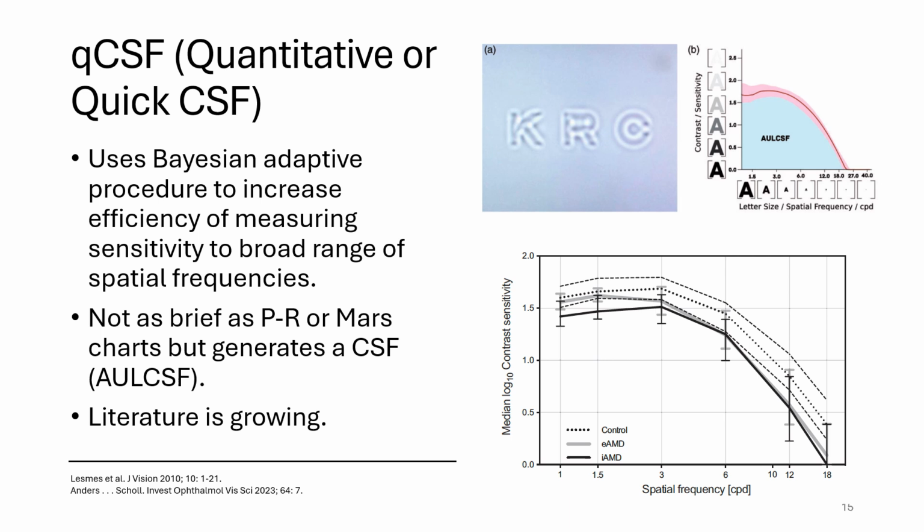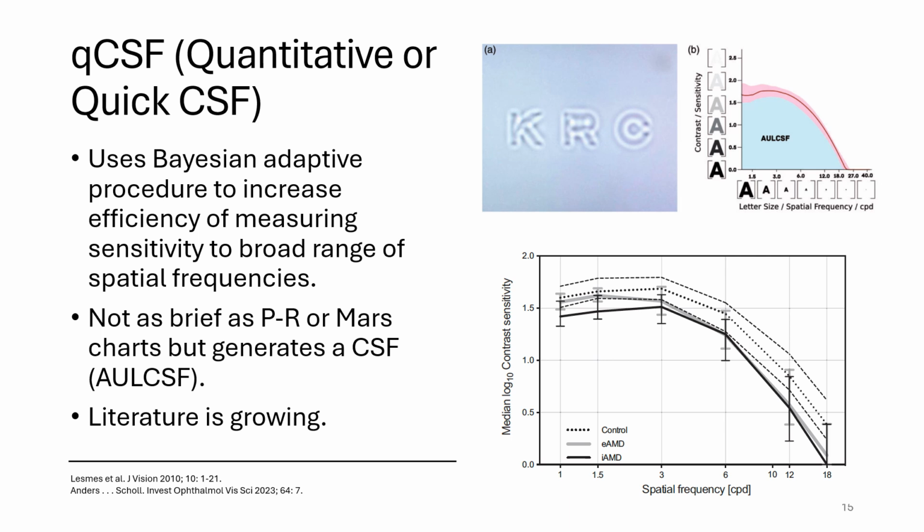Rather than using sine wave gratings or Gaussians, the QCSF uses letters. Scholl and colleagues, pictured there on the bottom, have recently shown that in intermediate AMD, the most noteworthy impairment is around the peak of the CSF or lower.